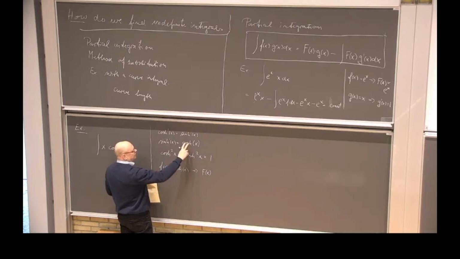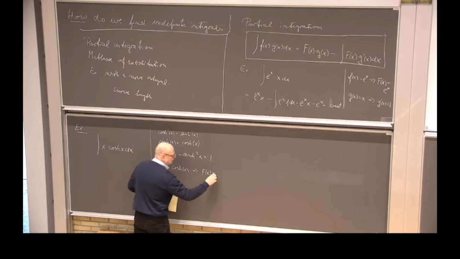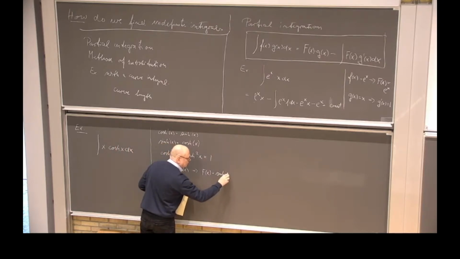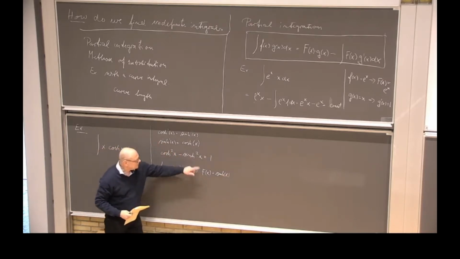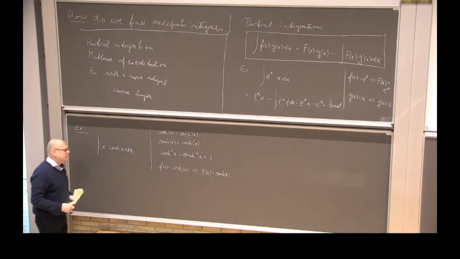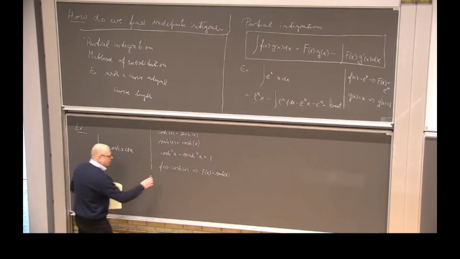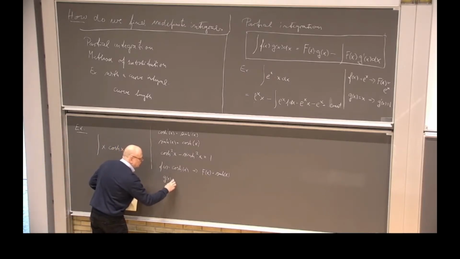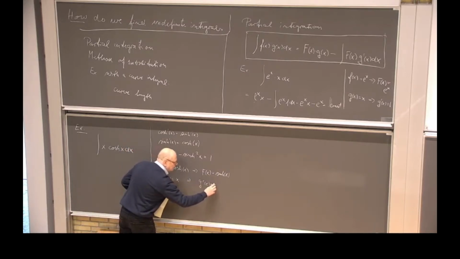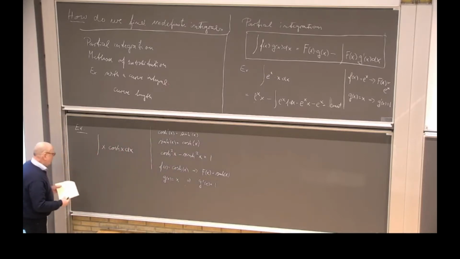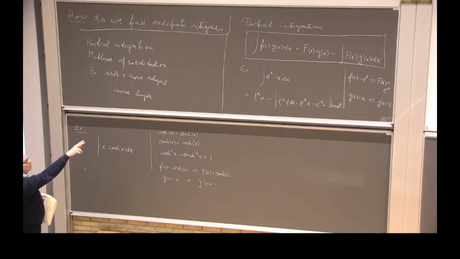If I integrate this, I get sine hyperbolic of x, because if I differentiate this, I get cosine. And then, of course, I put g of x equal to x, and this means that I have the derivative here. And now I can simply, from the general formula up here, write down the solution.